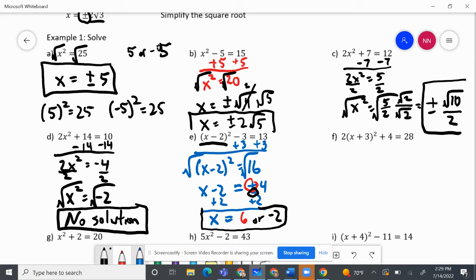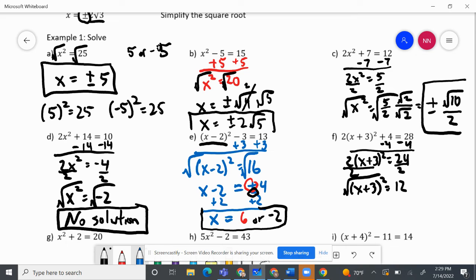Now, looking at letter F, first thing that we're going to do is subtract the 4. And we get 2 times x plus 3 squared is equal to 24. We divide it by 2, and we get x plus 3 squared is equal to, sorry, not 8, 12.